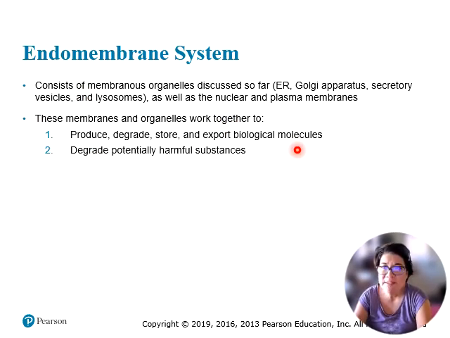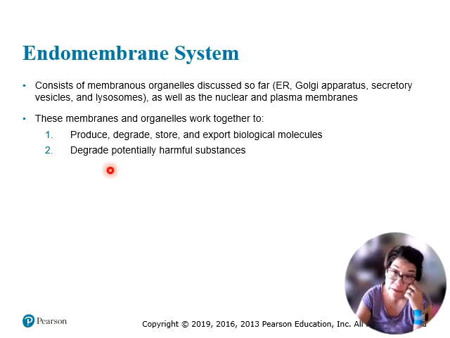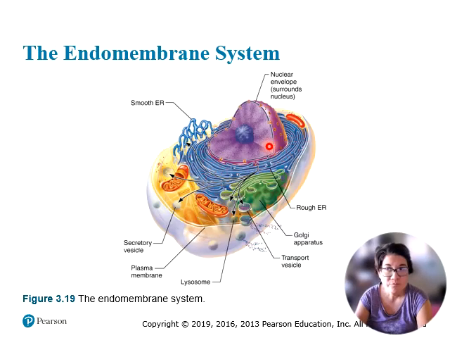Okay, so the endomembrane system is that pathway from making proteins in the ER, processing them in the Golgi, and then secreting them out in the vesicles and lysosomes. It's like that step-by-step process. So all of these organelles work together. They can produce, degrade, store, or export things, and they can get rid of harmful stuff. So your endomembrane system starts in your ER.